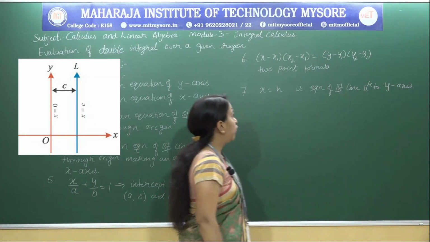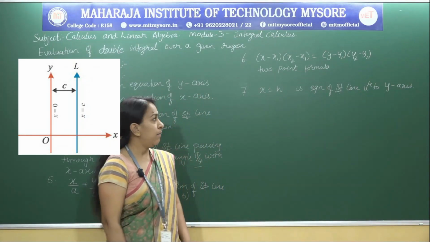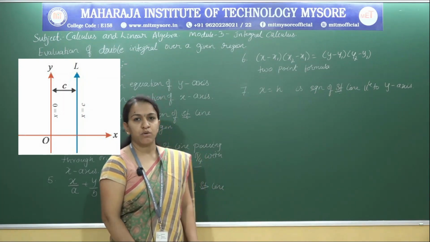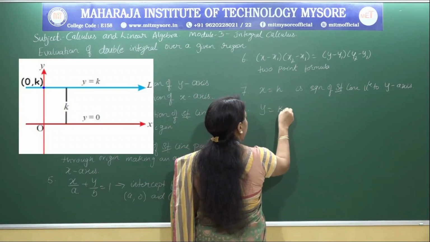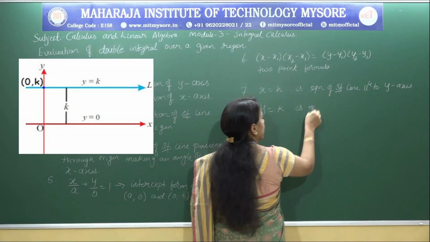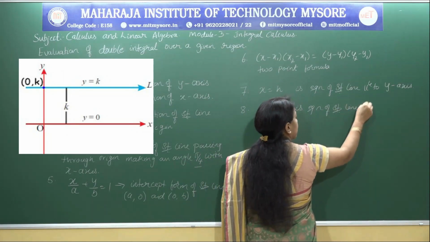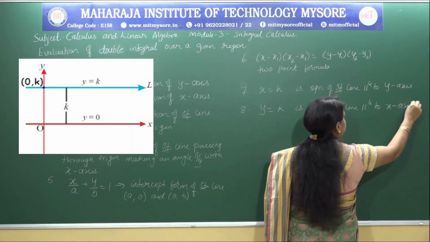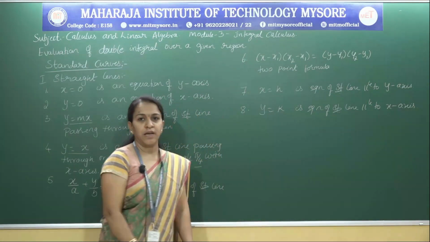So whenever they give you x equal to some constant value like 2, 3, 4 etc., then it is nothing but the equation of a line which is parallel to the y axis. And also if I have y equal to k, then this represents the equation of a straight line which is parallel to the x axis. So these are the different types of straight line.